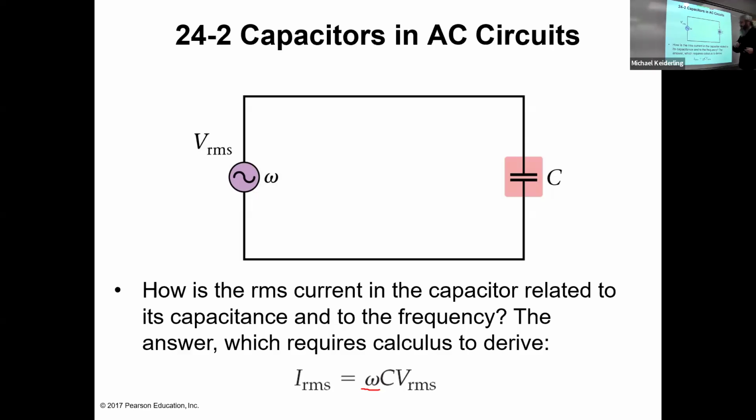Now for capacitors, the RMS current in a capacitor is a little different. It turns out that the root mean square current in a capacitor is related to both its capacitance and its frequency. You can use calculus to figure out that it ends up being omega times C times the root mean square voltage.